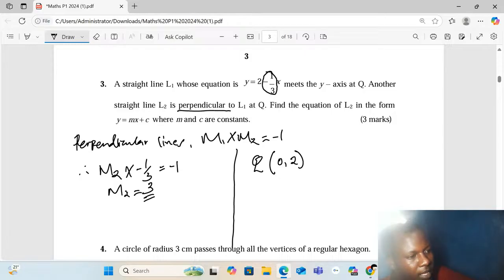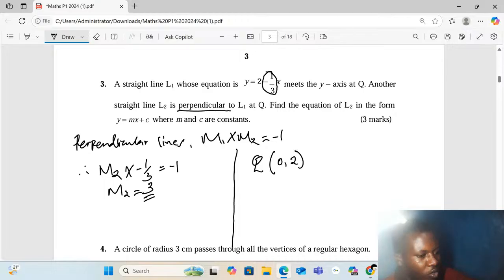Now having this, and we have gradient 2, that is M2, 3, and a point Q, 0, 2, we can find the equation of line L2 using change in y over change in x, which gives us the gradient.